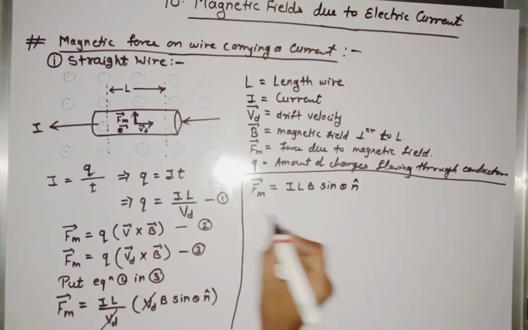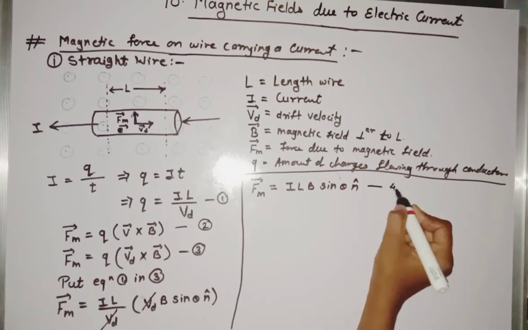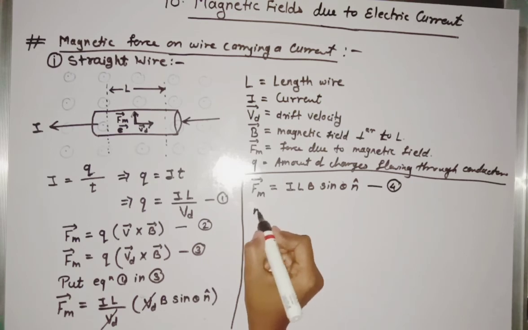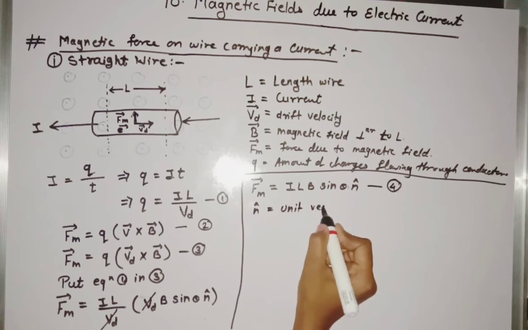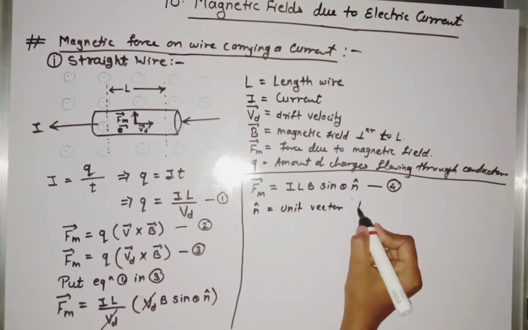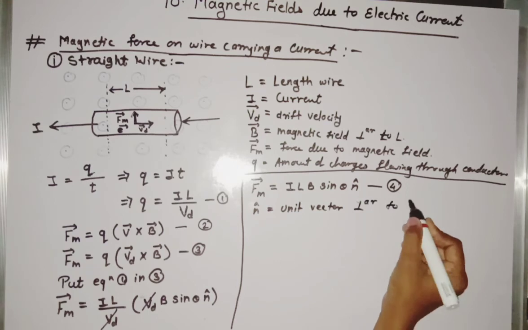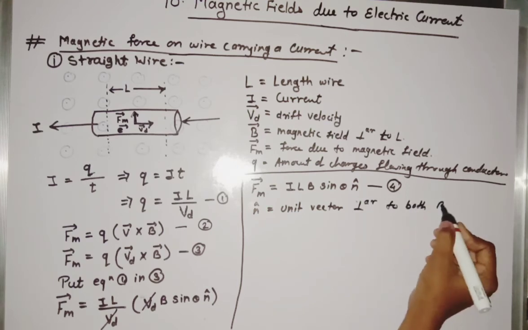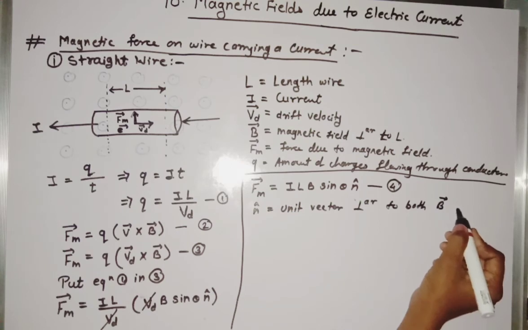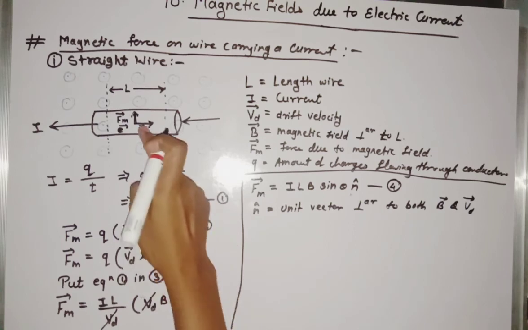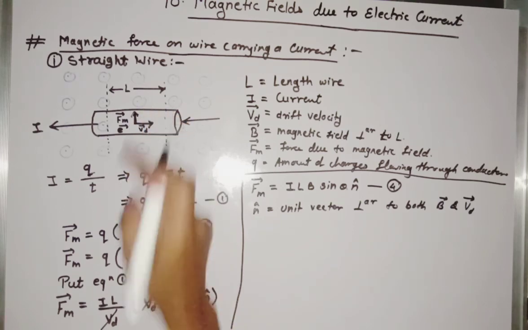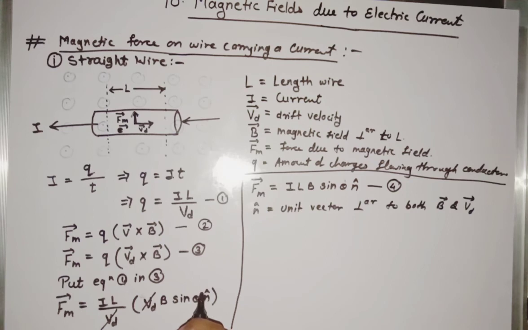I'll mention this as equation 4. Here n cap is nothing but the unit vector which is perpendicular to both the magnetic field B and the drift velocity V suffix D, which is along the direction of this force F suffix M.